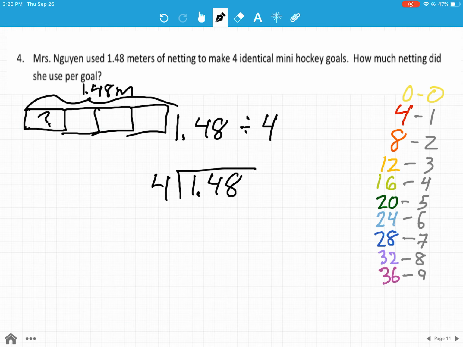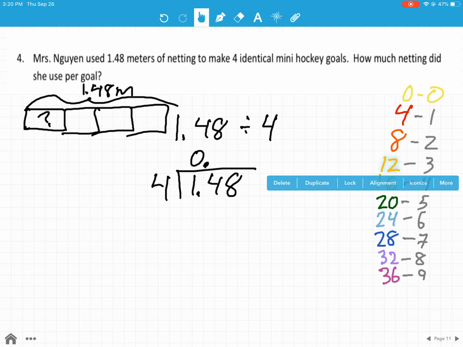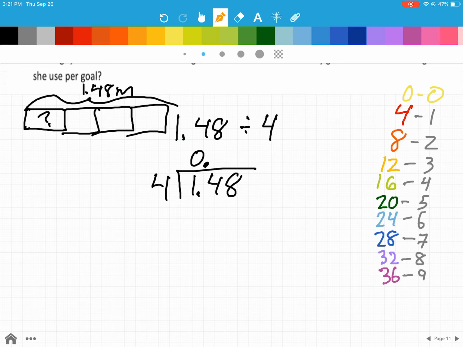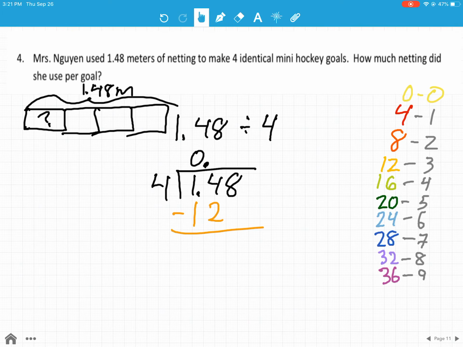We cannot do anything with the 1, so we're going to put a 0 right there, and now we're going to treat it as 14. So we have 14 tenths. Closest one is our 12, so we're going to use 12. Oops, too small. So I'm going to write it. And we have 12. We're going to subtract, and we're going to use our 3 that's next to it in our quotient.